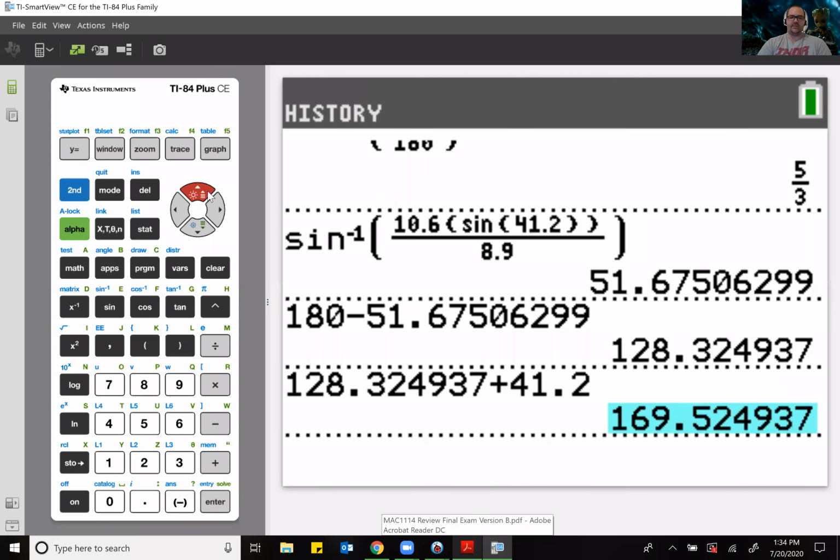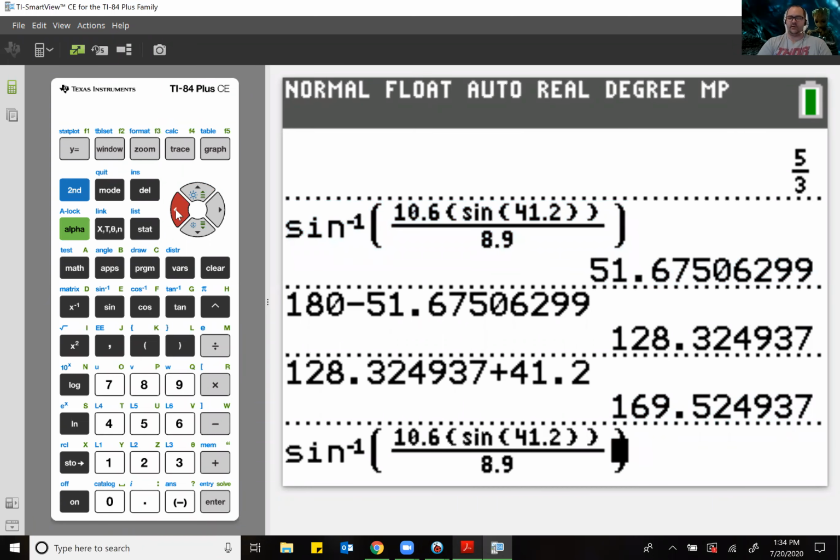I'm just going to come right back up here, grab this and modify it. So we know this bottom is actually 3.5. We go up to the top here, scroll over and change this first. 15, and then delete, and scroll over, make this 39.2. There we go.